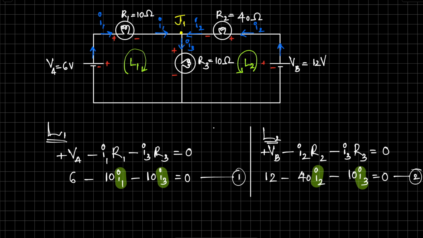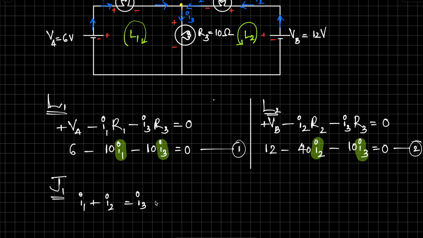I'm going to write equation for that junction. For J1, junction 1, total incoming current should be equal to total outgoing current. I1 and I2 are coming towards the junction. So I1 plus I2 is equal to I3, which is leaving the junction. This is equation number 3.